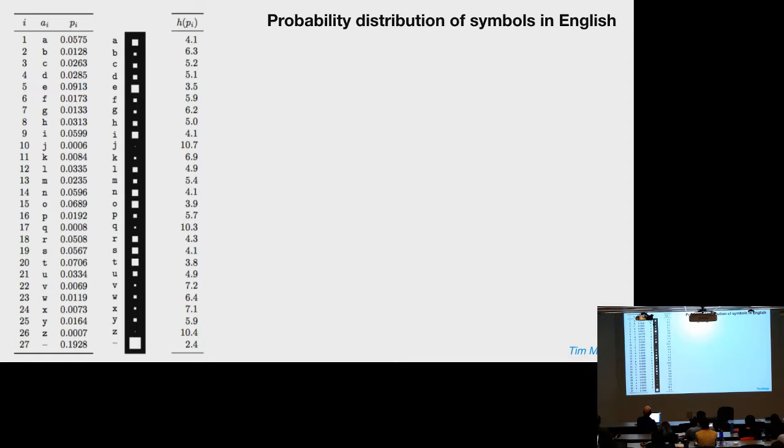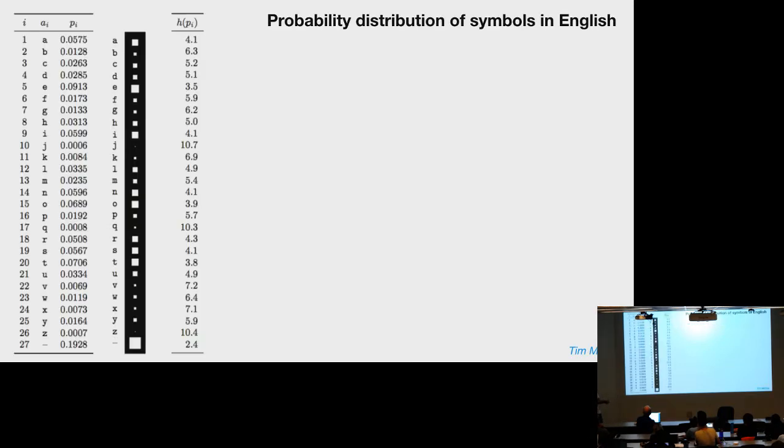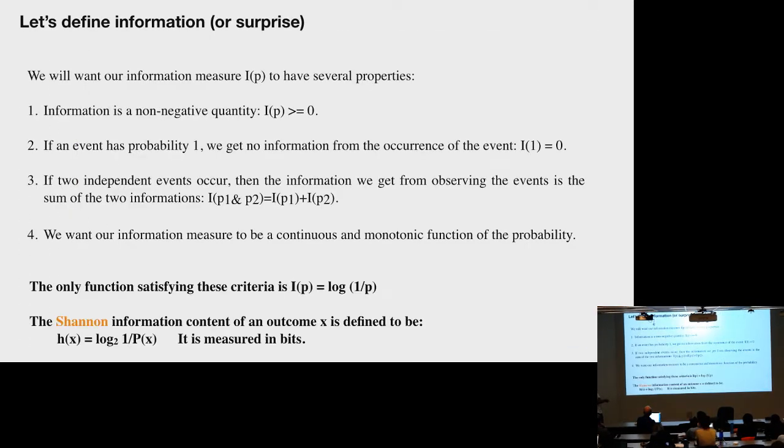Now I'm in a position to introduce the entropy of this process. The entropy is simply going to be the average information. H is the information content, I'll go back to show you, it is here. H is just log 1 over P.